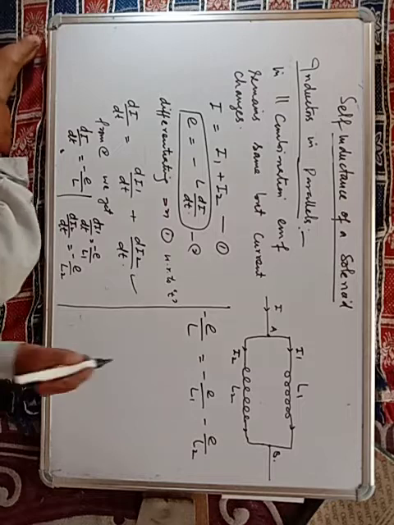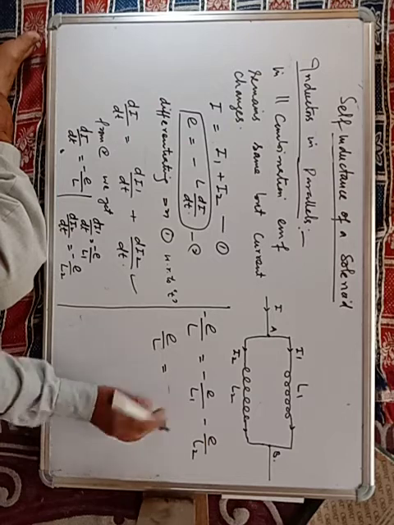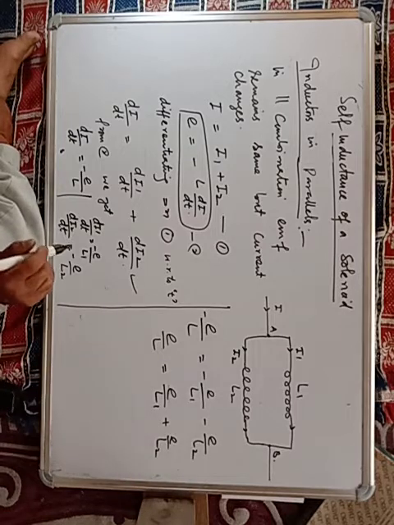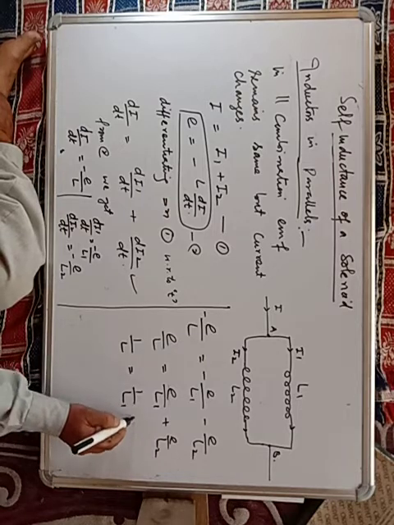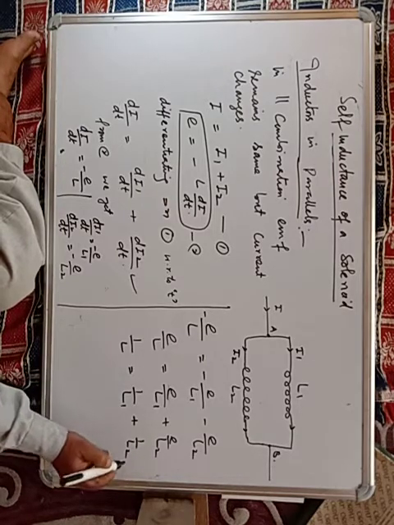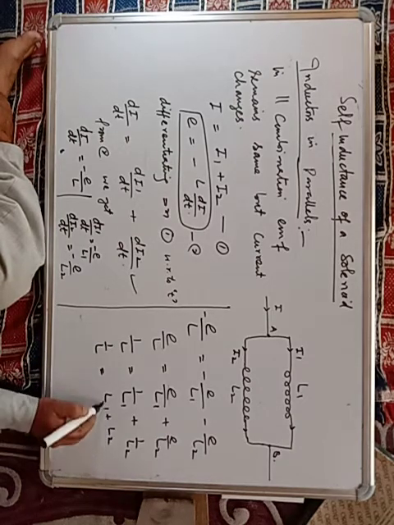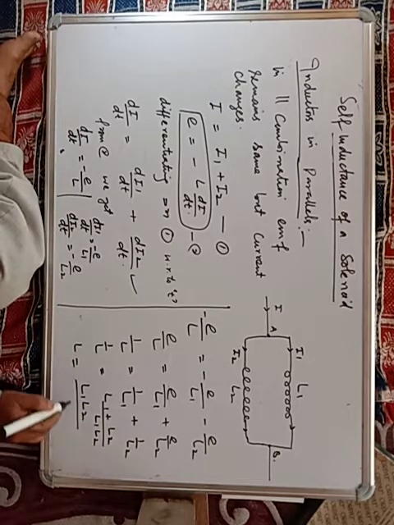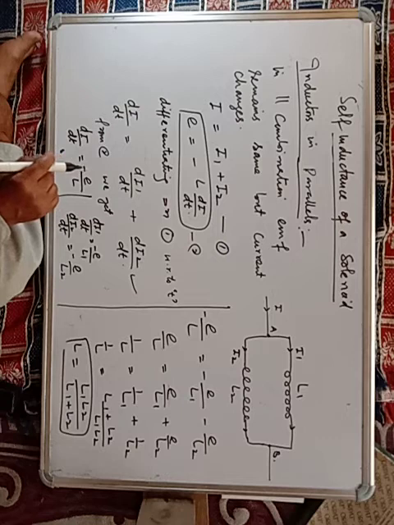Negative sign will get cancelled, E cancel हो जाएगा, so we will get here 1 by L is equal to 1 by L1 plus 1 by L2, or 1 by L is equal to L1 plus L2 divided by L1 L2, or L is equal to L1 L2 divided by L1 plus L2. So this is the total inductance in case of a parallel combination.